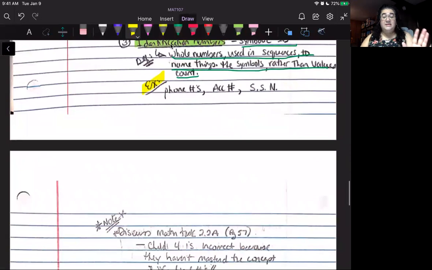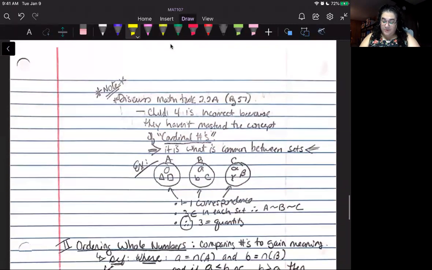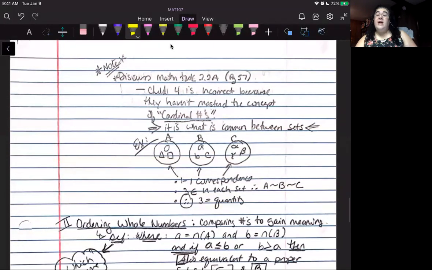We've made a distinction between what is a number and what is a numeral, so let's talk about the child that we talked about in our introduction. The child in our introduction knew how to count from 1 to 3 and could correctly identify that there were 3 blocks, and they were able to have that 1-to-1 correspondence, but did not correctly identify what were 3 blocks.